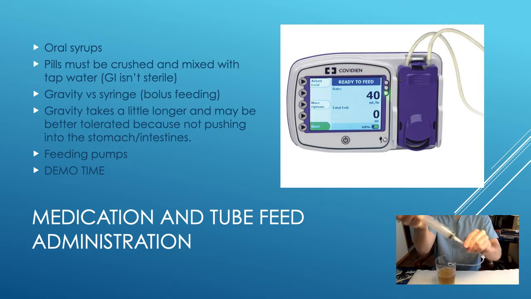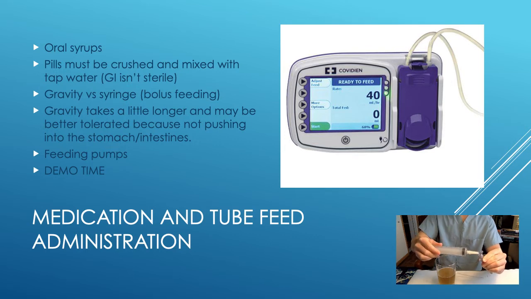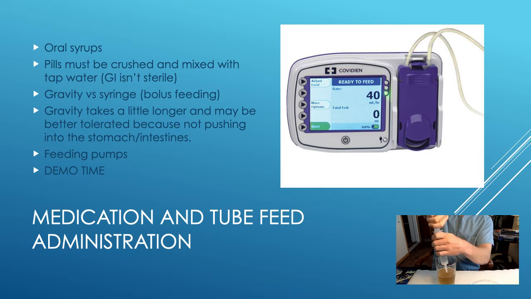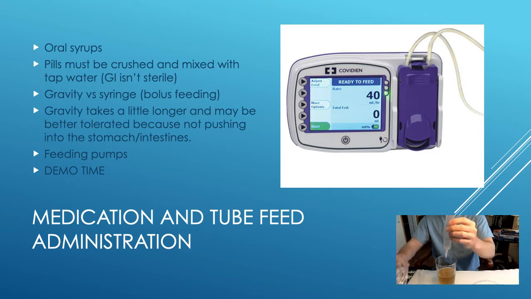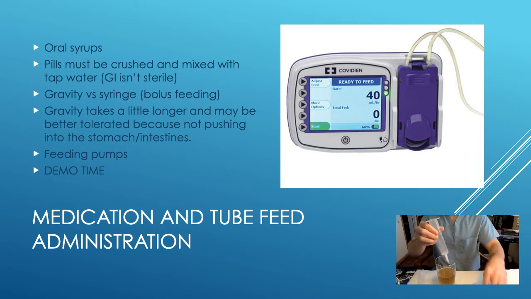So you can also do a gravity method, which would just entail taking out the plunger. This is my drinking water, gravity method. Let's say this was hooked up into here. Now I'm really going to make a mess. So hooked up into here, into there, into there.